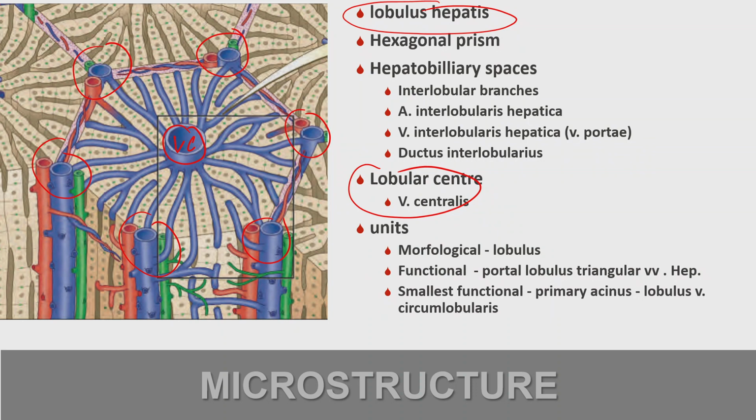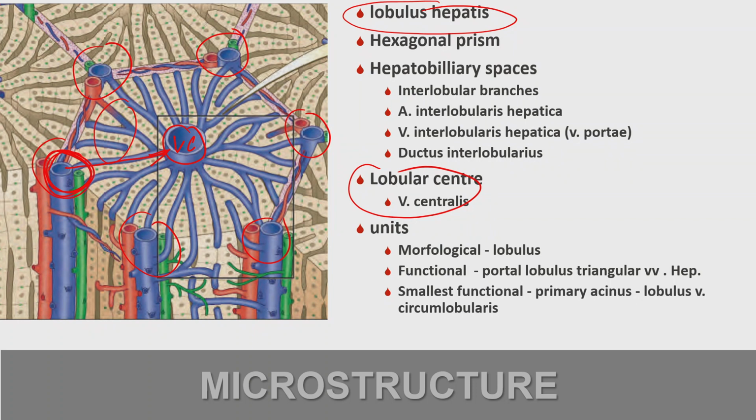So this is the main principle. The blood is flowing from the periphery, from the hexagonal points, to the central point, the central vein, filling those spaces, which are called hepatobiliary spaces, and there is mixed blood from the proper hepatic artery and the portal vein.